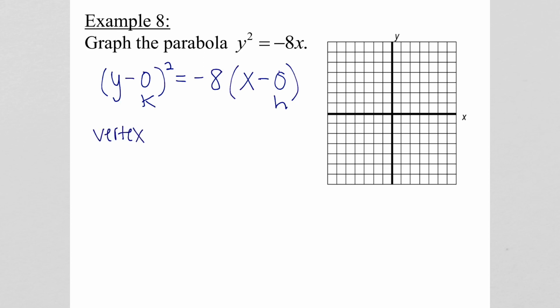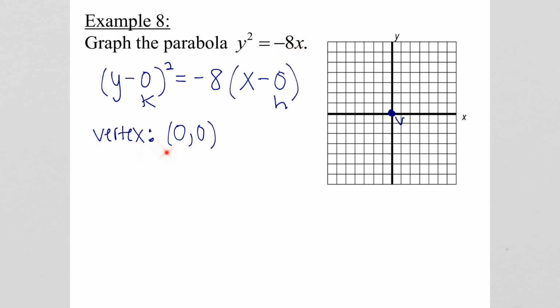So the vertex is at (0, 0), and I'll go ahead and plot that vertex there. You don't have to rewrite it like this. If you recognize that the vertex is at (0, 0) from the given equation, of course that's okay.